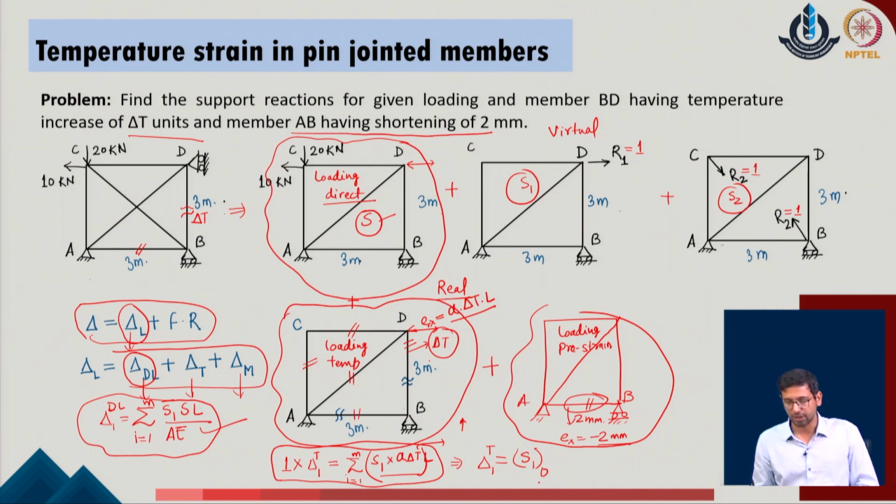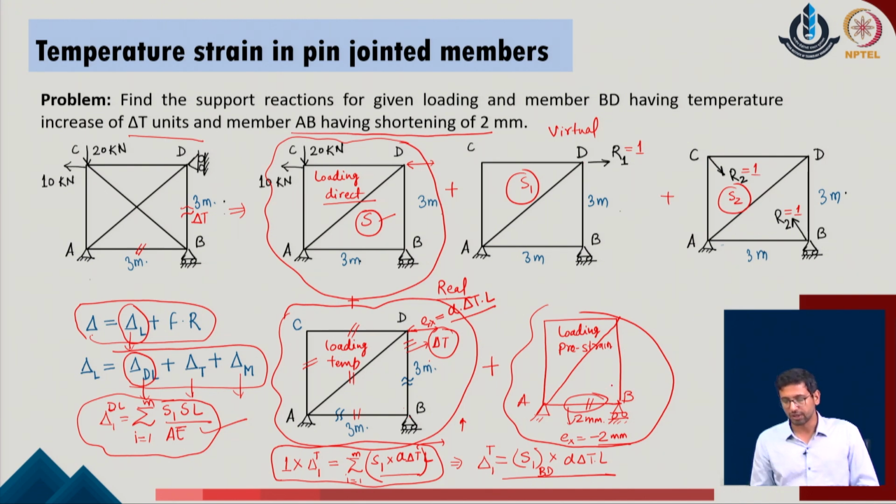So, I have this member, say member BD of the given system, into the change in the length of the original member, and that is alpha delta T into L for the given problem. And this gives us the value of the displacement in the direction of the redundant 1 due to the temperature change of the given system.